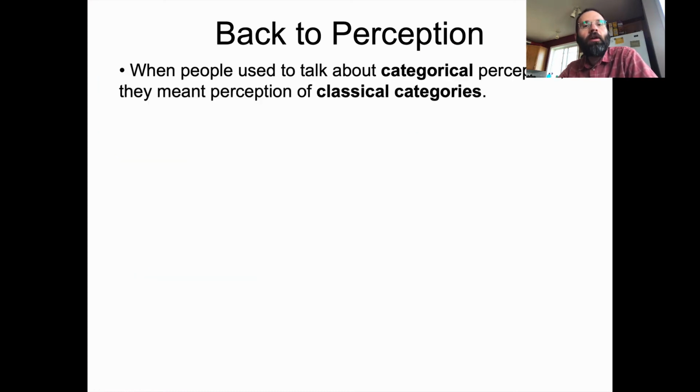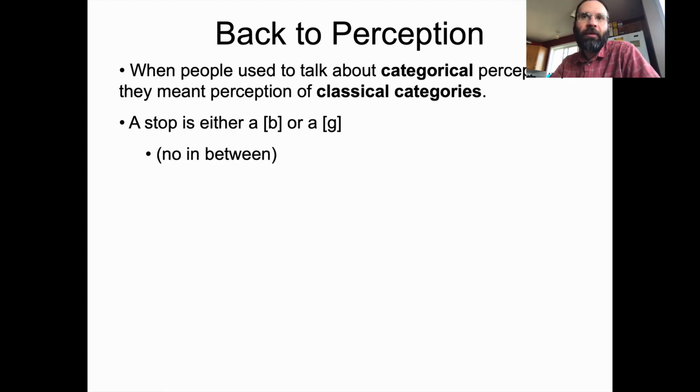Okay, so when people used to talk about categorical perception in speech, we're going back to speech here, they meant perception of classical categories. The very first categorical perception paradigm was looking at what properties define different places of articulation for stops. They were trying to figure out how transition cues feed into that. So the theory they came up with is that in categorical perception, you hear something and you apply a label to it, and then you just wind up working with that label when you do a discrimination task afterwards.